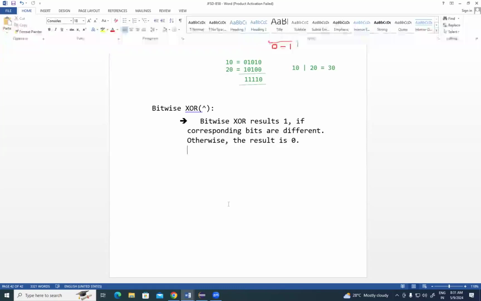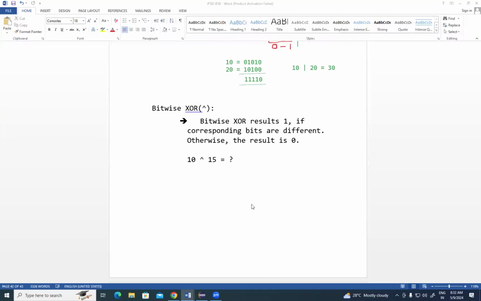So calculate: what is 10 XOR 15? XOR means cap. What is the result of 10 XOR 15? Online people, everyone.